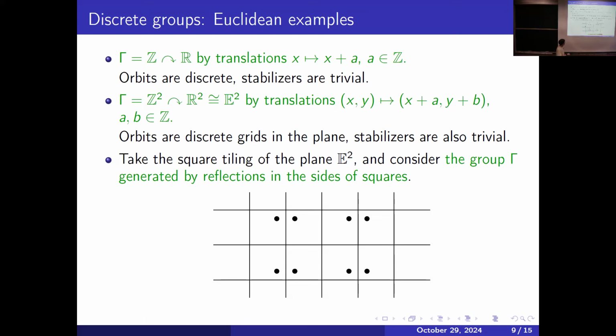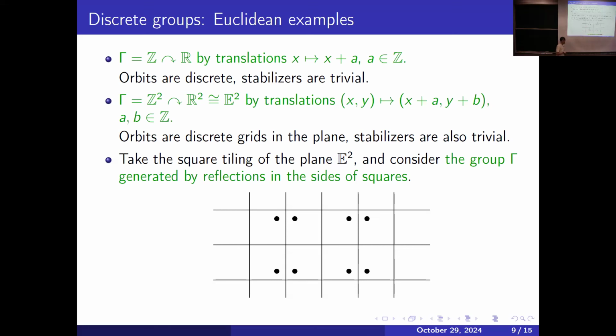But if I take the stabilizer of this point, which is at the intersection of the horizontal and the vertical lines, then the stabilizer is already a bit bigger. It is generated by 2 intersecting reflections. So something like that we have in this picture.